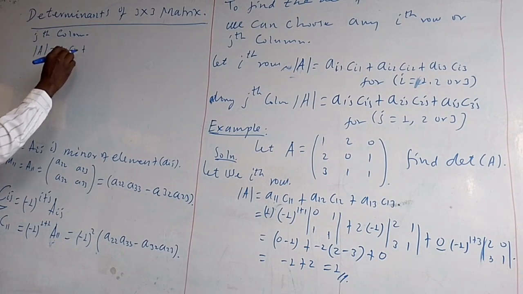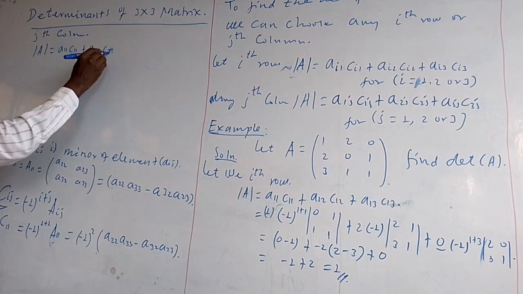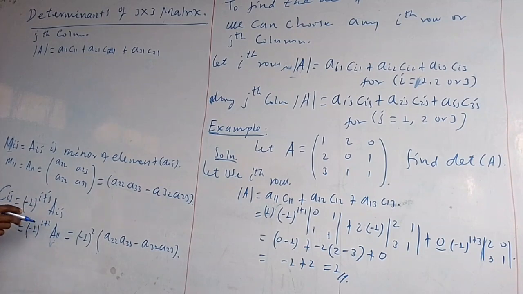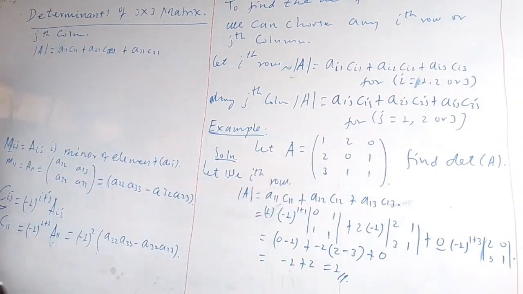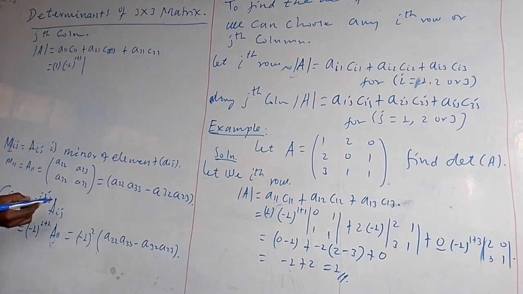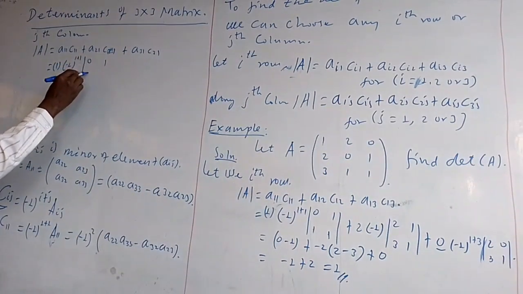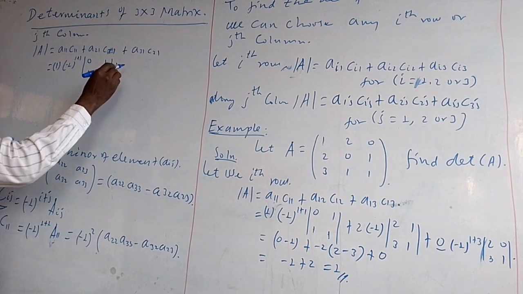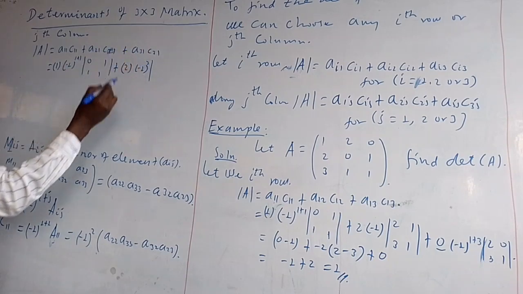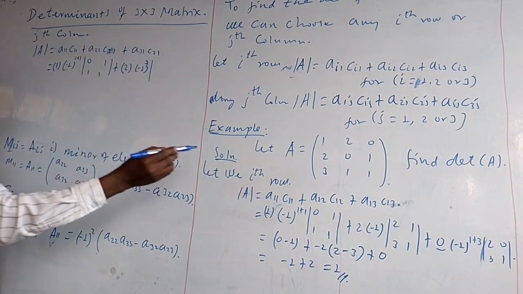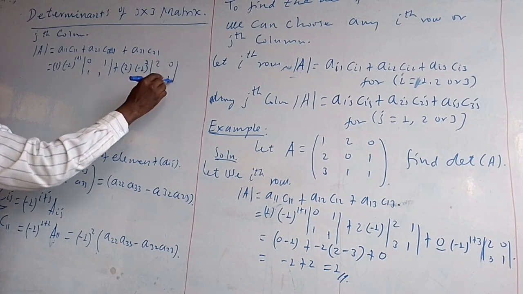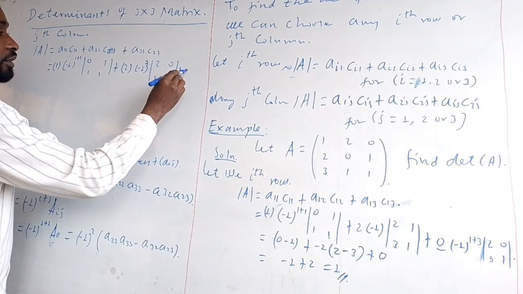By using the first column, we have A11 C11 plus A21 C21 plus A31 C31. A11 means 1, here 1 into minus 1 raised to 1 plus 1, which is 2, deleting the first row and first column, 0, 1, 1, 1, plus A21 is 2 into minus 1 raised to 2 plus 1, then deleting the second row and first column, we obtain 2, 0 and 1, 1.